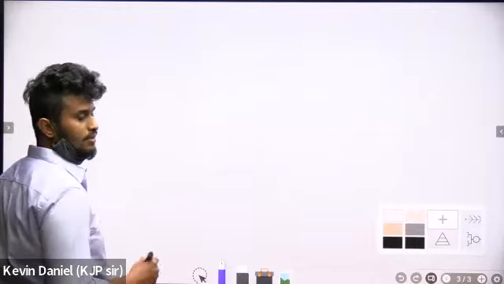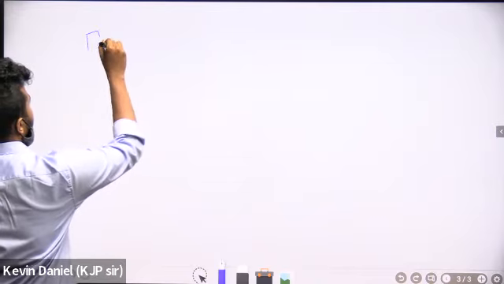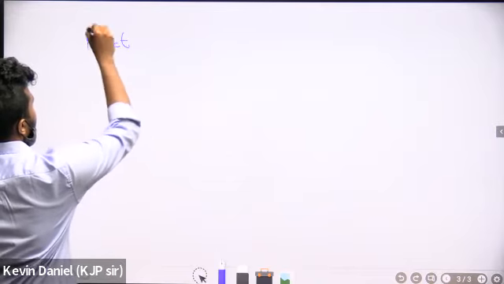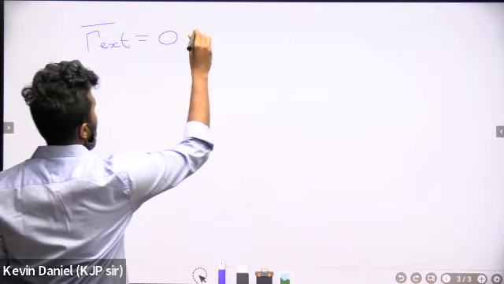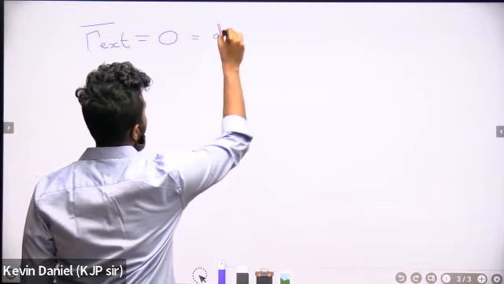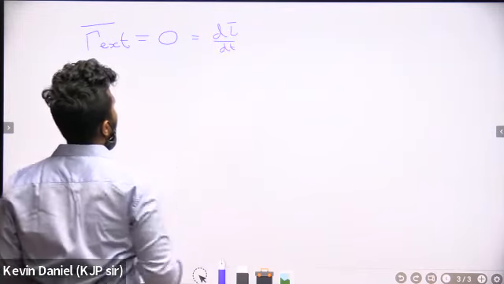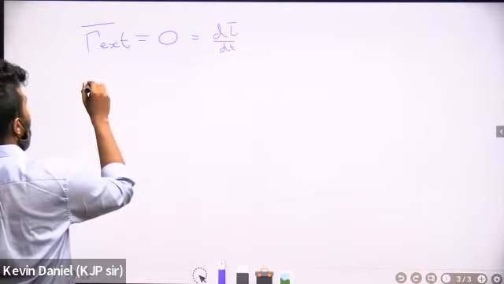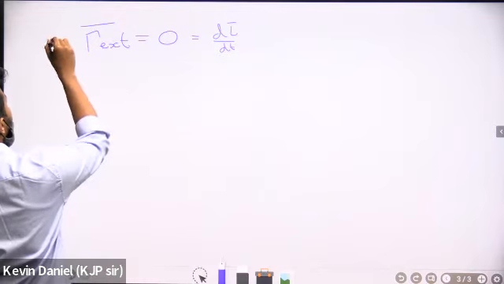So what it's saying is, if torque external is 0, and we know that torque external is dL by dt, then L should be constant. Torque internal will anyway be 0, it cancels out. If there is no external torque, nobody from outside is applying torque on the body, then what have we proved? Torque external is dL by dt. So if torque external is 0, then what will L be? When is its derivative 0? The derivative of what is 0?